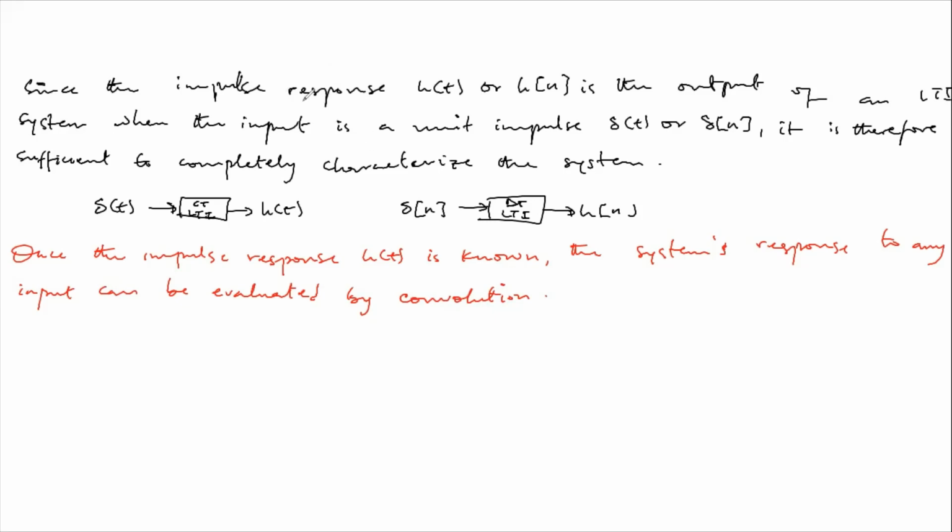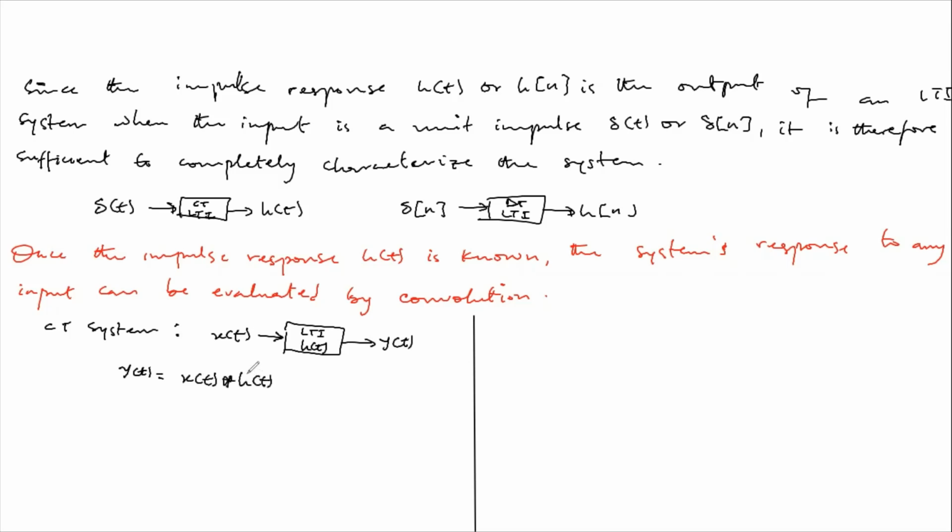So for a continuous time system, the input s of t goes into the LTI system, such that the output y of t is the same as s of t convolved with h of t.